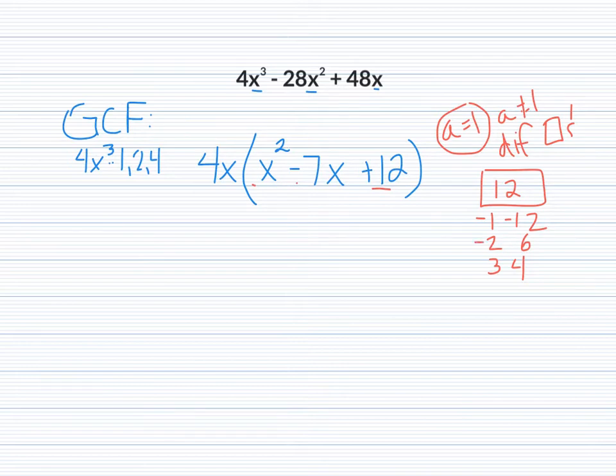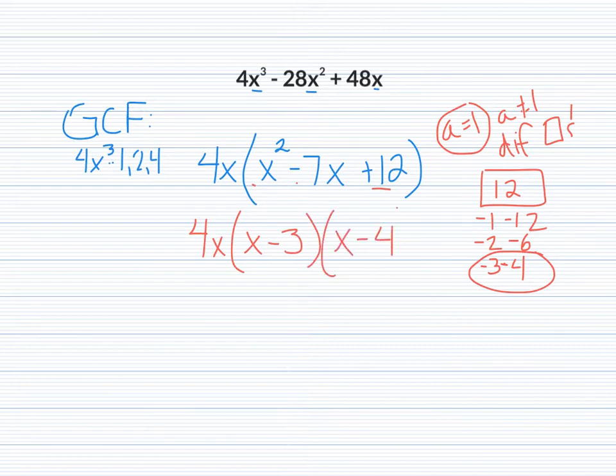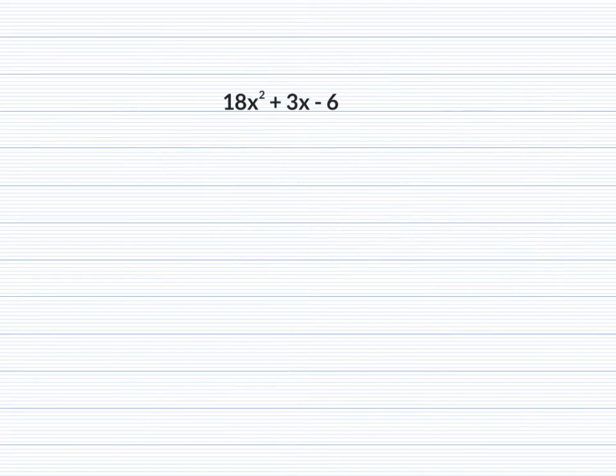So not negative 1 and 12, not negative 2 and 6, must be negative 3 and negative 4. So this breaks into x minus 3 times x minus 4.